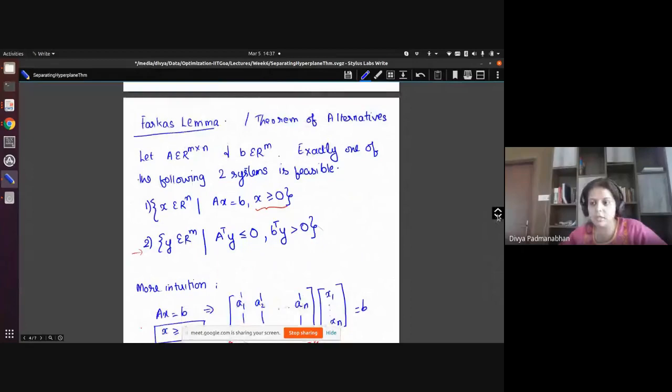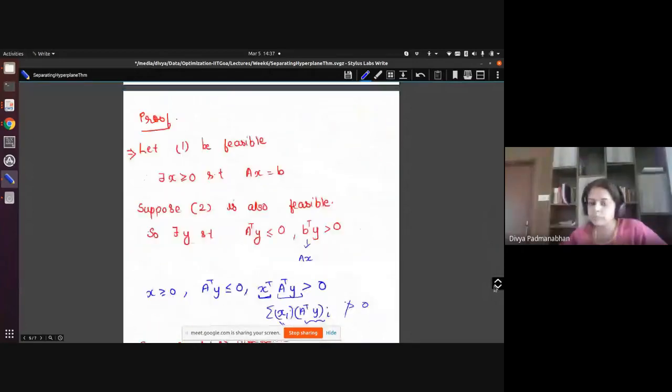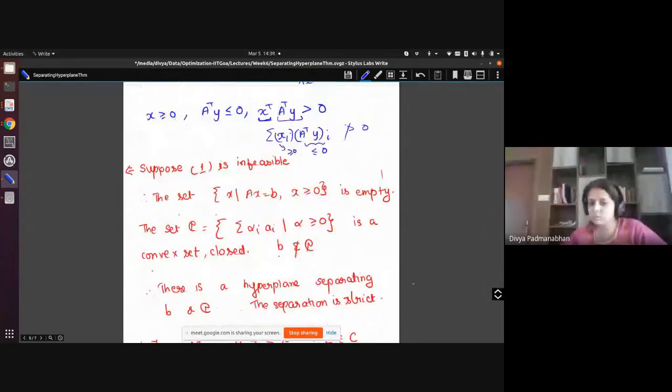To do that, we use this idea of conic combinations, and in particular this set. What we have here is that B does not lie in this cone.